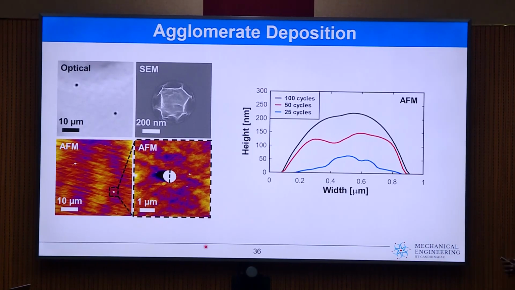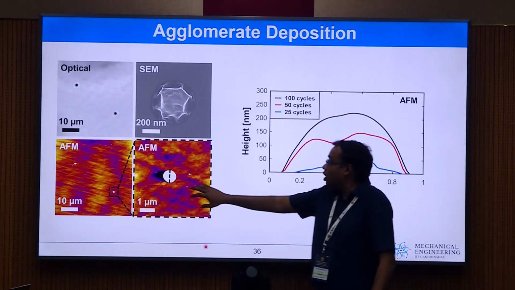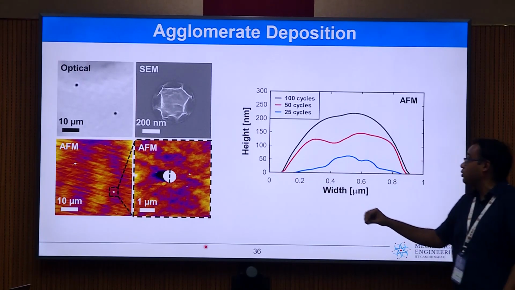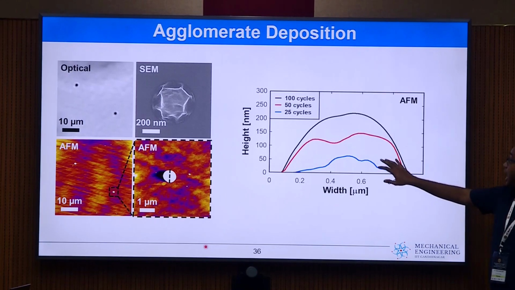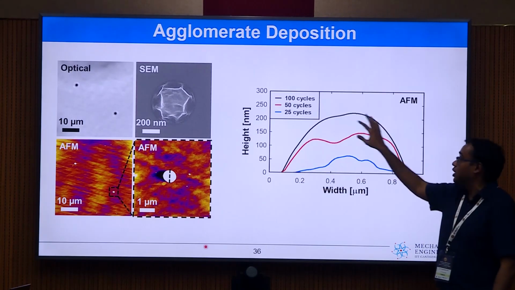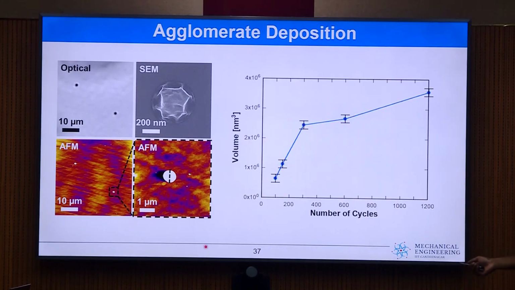We find there is some kind of deposition at those locations, and as the number of cycles of condensation increases, the volume of this deposition is also increasing.